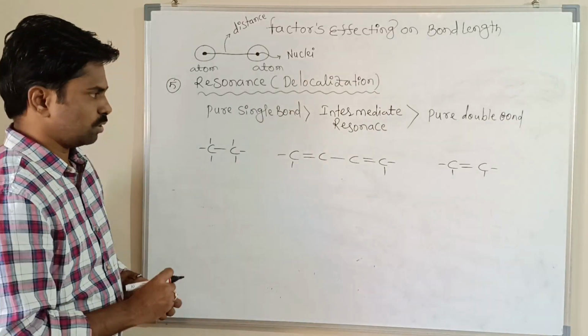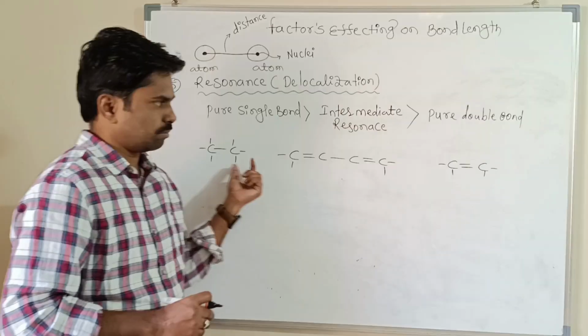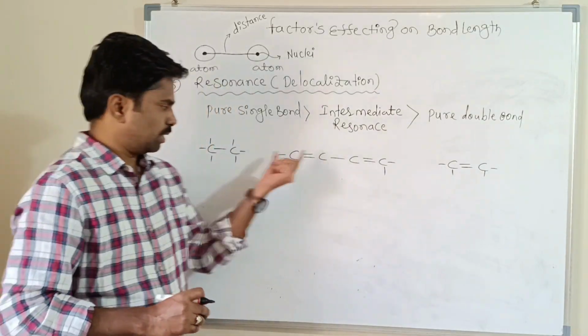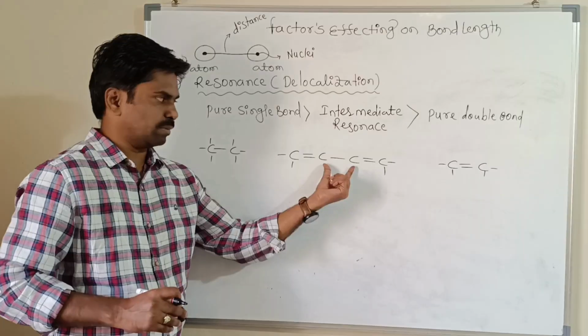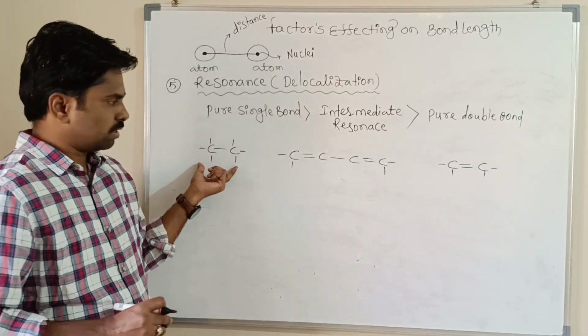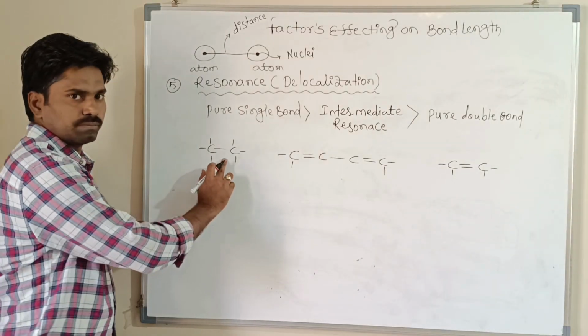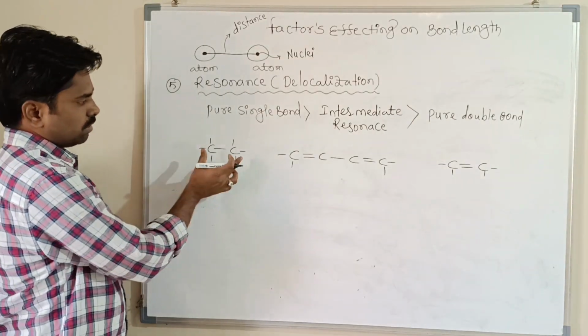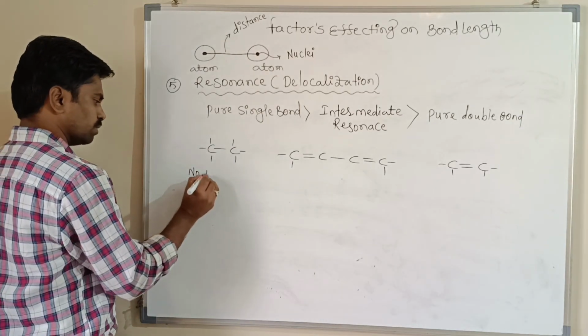We already know the carbon-carbon single bond has the excess bond length compared to the carbon-carbon double bond. So obviously this is first. But what about the carbon-carbon single bond present here? In this case, first of all, this is a pure single bond. There is no pi bond, no resonance. Okay, no resonance.